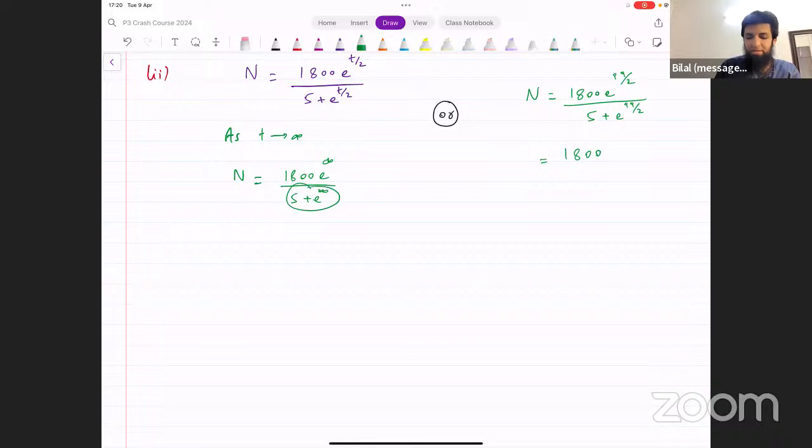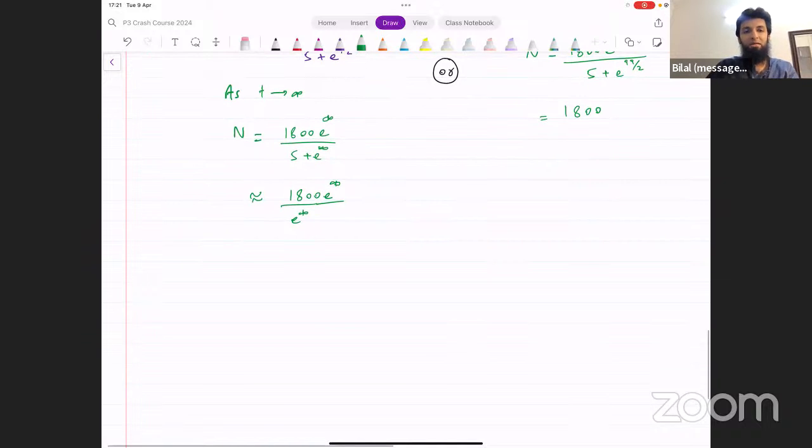Now, 5 plus e raised to power infinity is almost the same as e raised to power infinity, because adding 5 is not really going to make much difference. But multiplying does make a lot of difference. Now, this gets cancelled because the infinity in the numerator is approximately 1800 times the infinity in the denominator, and you end up getting 1800 for that.